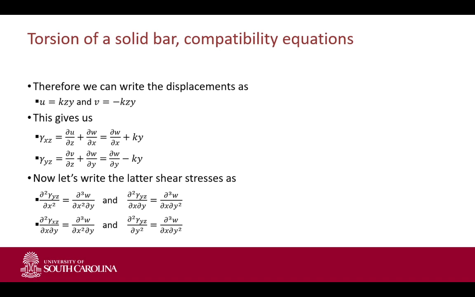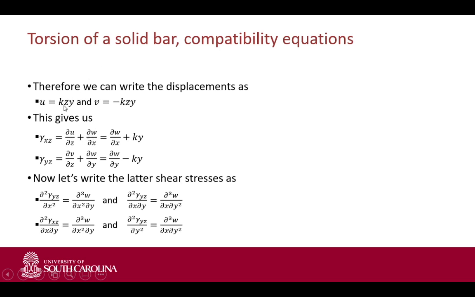And then we can go to our shear strains that were non-zero, that were the xz and the yz components. We start with the shear stresses not equal to 0. Since the shear stress is not equal to 0, that means the shear strains are not equal to 0. And then we can plug that into the equations that we have derived. So we still have partial w over partial x, but now we can plug in du dz.